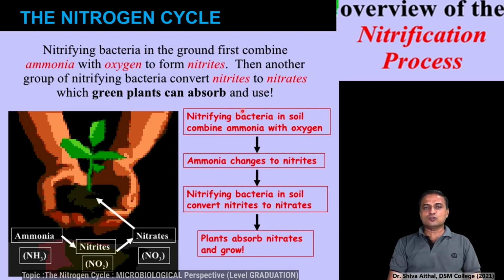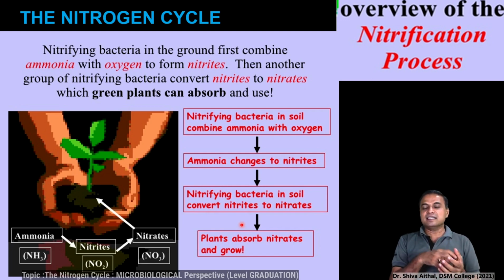Nitrifying bacteria in the soil combine ammonia with oxygen. We have seen ammonia changes to nitrites first, nitrites NO2, and then further oxidation results in NO3, that is nitrates. So ammonia gets converted to nitrites, and nitrifying bacteria in the soil then convert nitrites to nitrates, NO3.